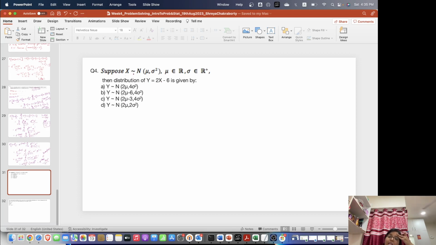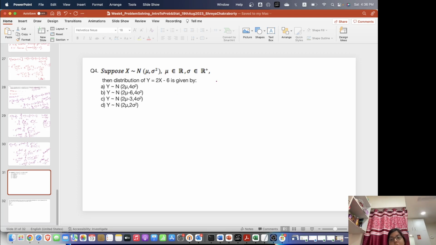So we have X follows a normal mu and sigma square. Then what is the distribution of Y equal to 2X minus 6? Okay.